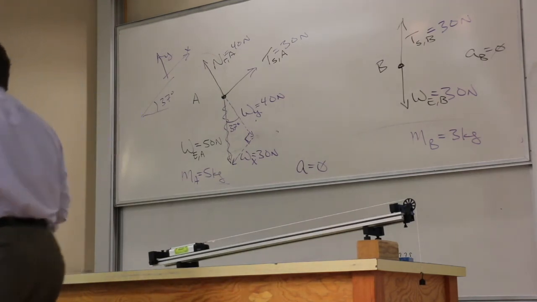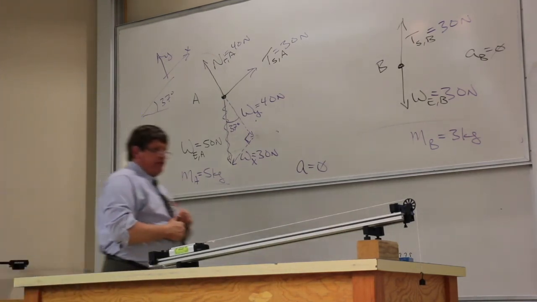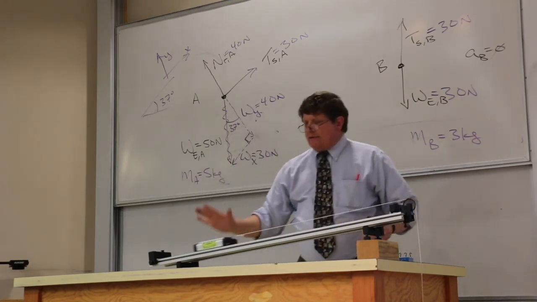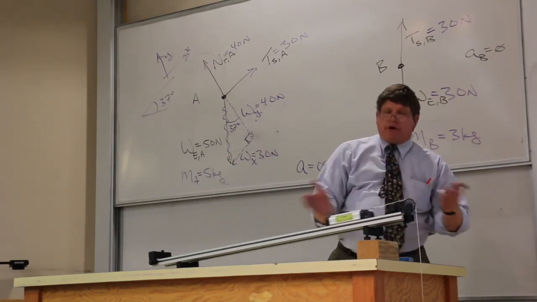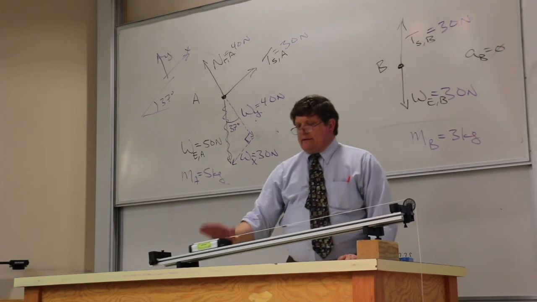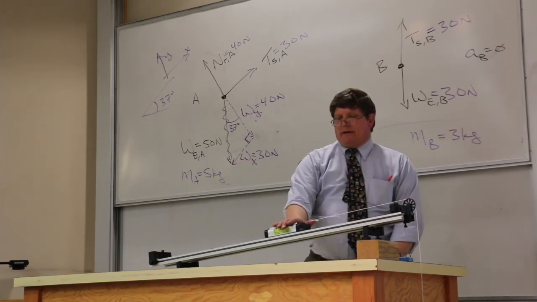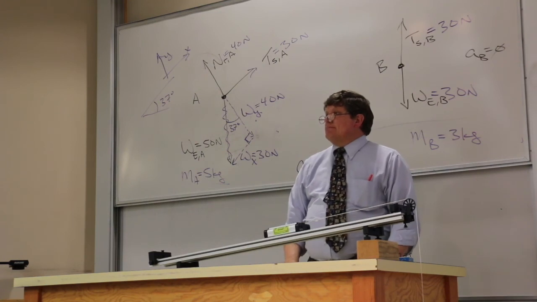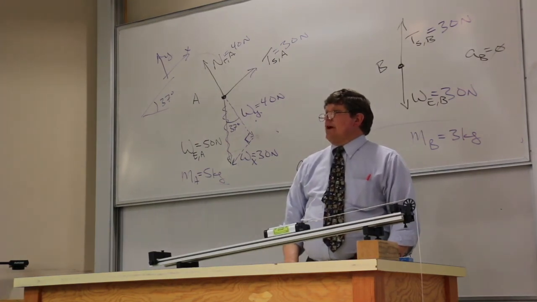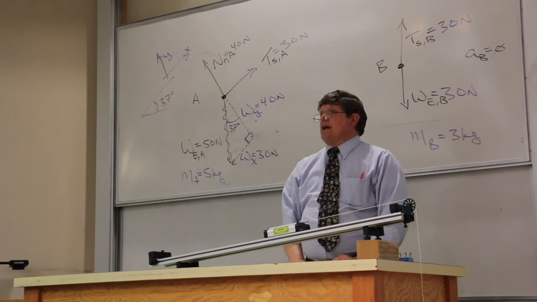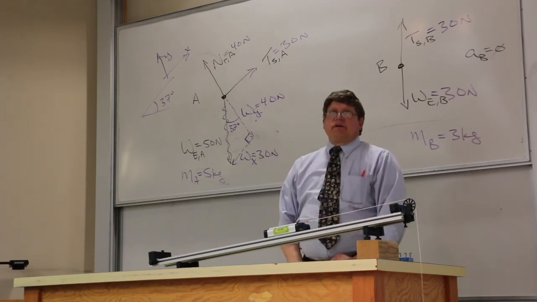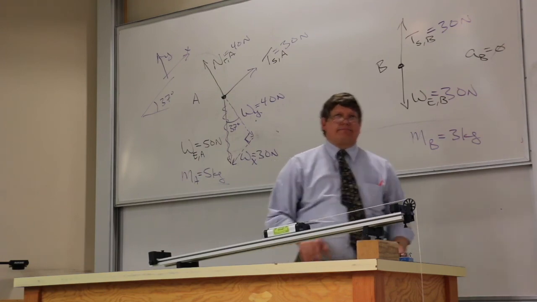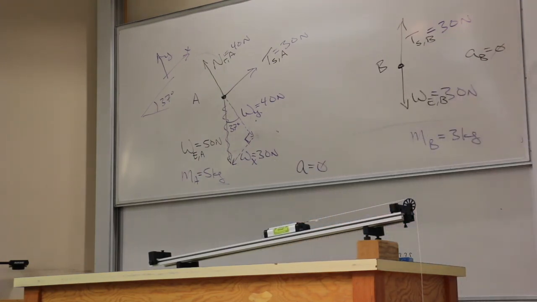And so it turns out that with 50 newtons, I can get this thing to go at a constant velocity. And if I stop it and then let go, it just stays there. It has 0 acceleration and 0 initial velocity. It keeps that 0 velocity. Check that your neighbor's okay with that. The answer is B, stays put.